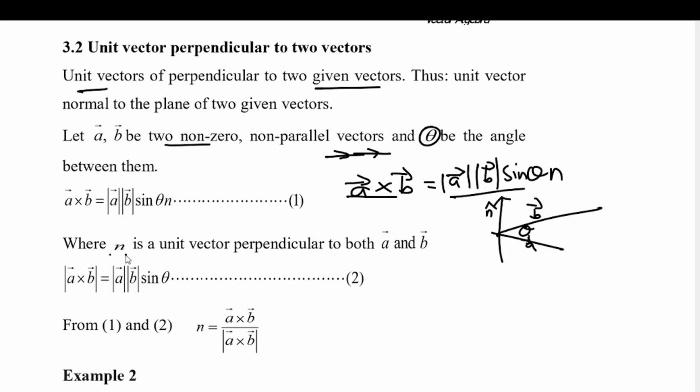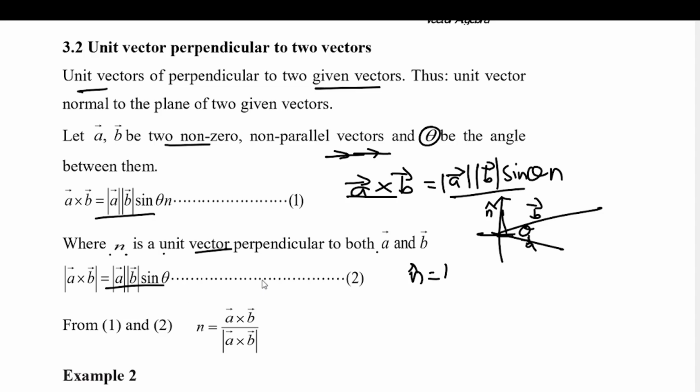So this line is perpendicular to this vector A and this vector B as well. Now if n is a unit vector, the magnitude of a unit vector is equal to 1. For that matter, when we multiply 1 by the whole of this, we are going to be left with this one.